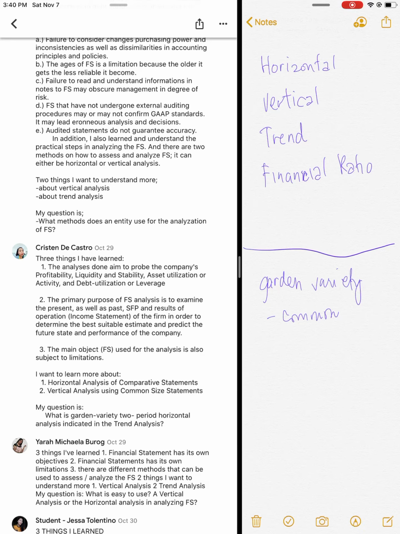Okay, so ang tinutukoy lang din sa statement na what is garden variety 2-period horizontal analysis is that when you make horizontal analysis, the common na way of doing horizontal analysis is the comparison of 2 periods. Okay, so common is you make, for example, a comparison of 2019 and 2020.